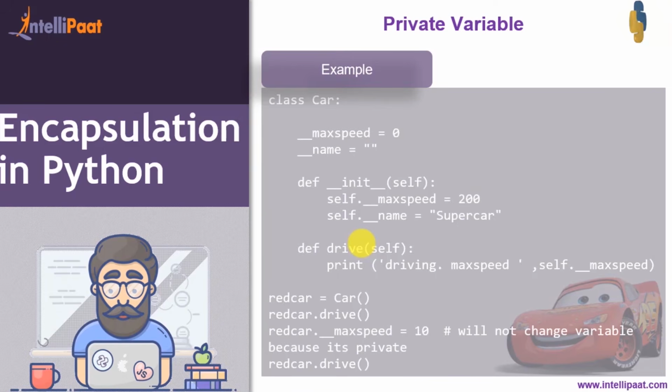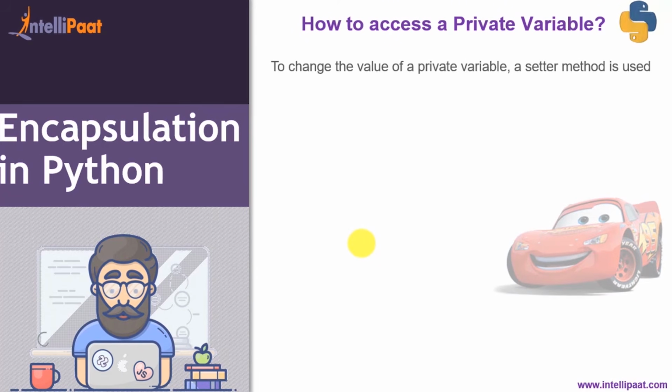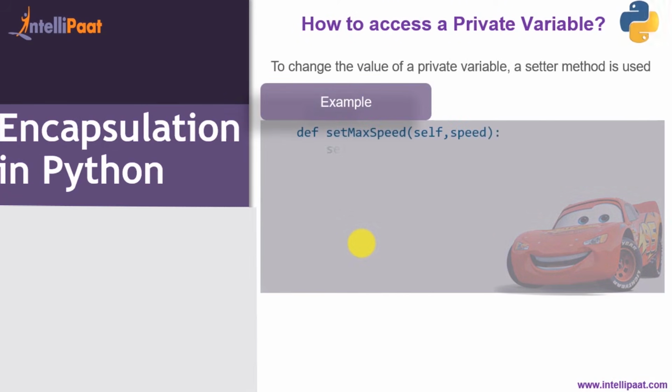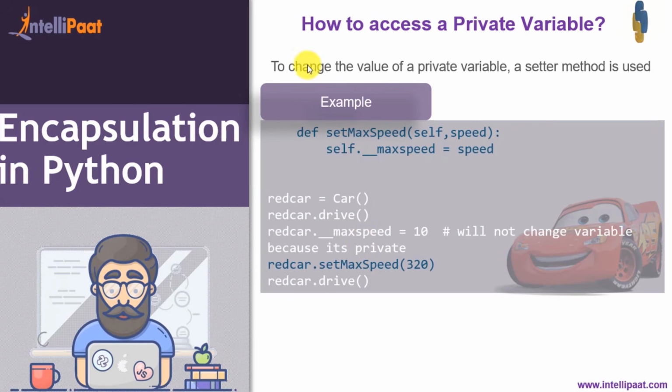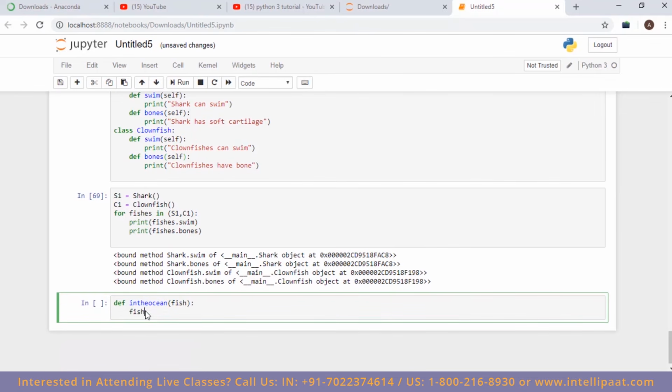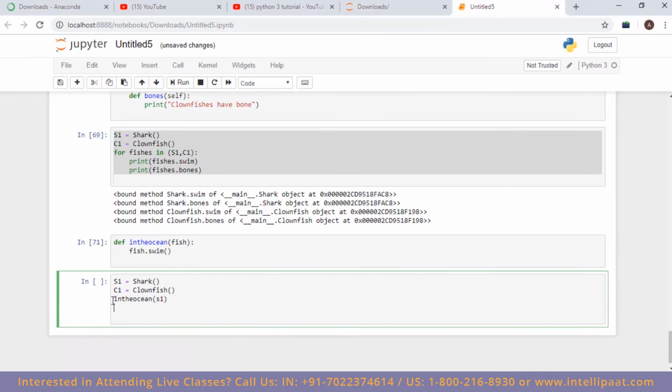We can also do polymorphism with a function. Here we are defining another function, in the ocean, and giving it a parameter, fish, and inside the function we are calling the swim function, fish dot swim. Then we pass s1 and c1 to in the ocean.